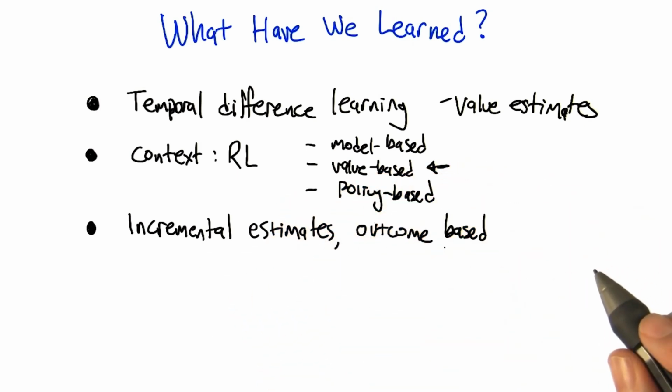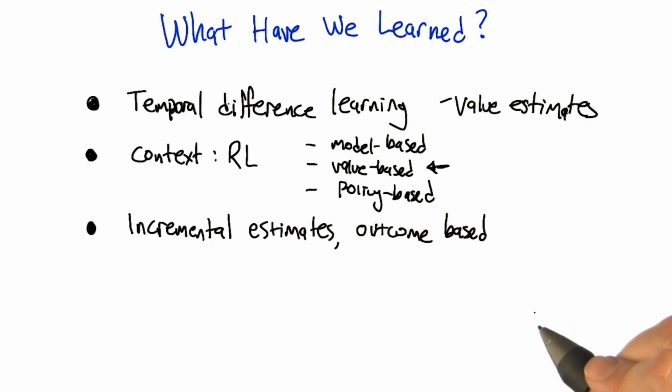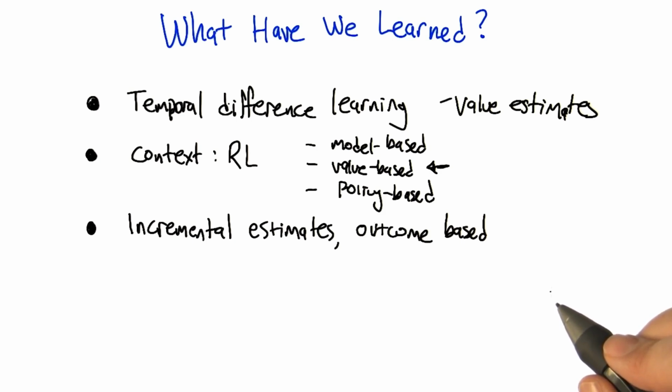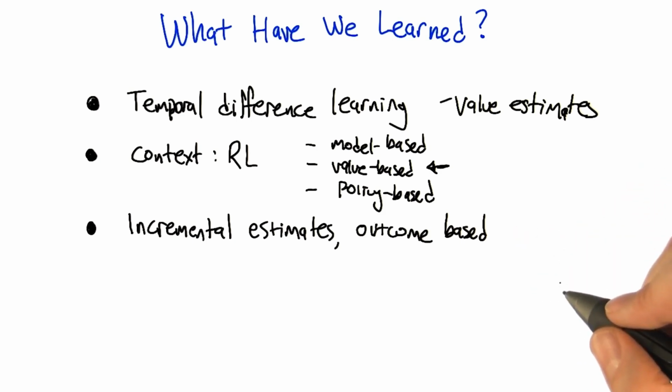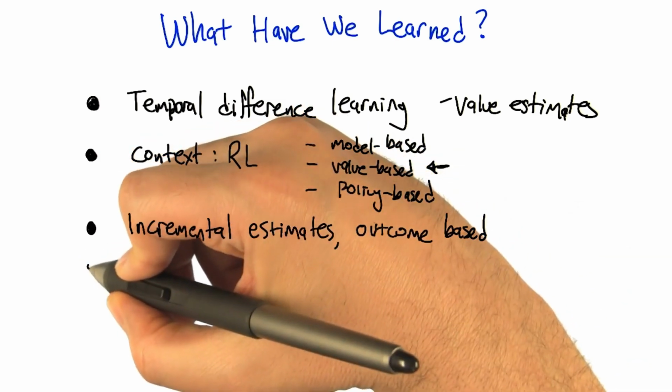Right, and there was a technical point that you made that we had talked about in the old machine learning course, but we didn't go into any detail about, which is this incremental update. By making it look like a supervised learning rule, just like the normal perceptron update rule, it had a learning rate. And in order for us to be sure that we were going to learn what we wanted to learn, that learning rate had to have certain properties.